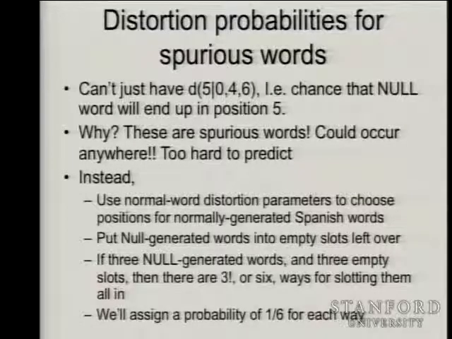And this is just a little fine point. On the distortions, you could kind of have the nulls inside the distortion probabilities for generating spurious words. But in practice, people don't normally do that, and the spurious words are just put in the positions that aren't claimed by the real words, because really they don't have a position in the source sentence themselves.